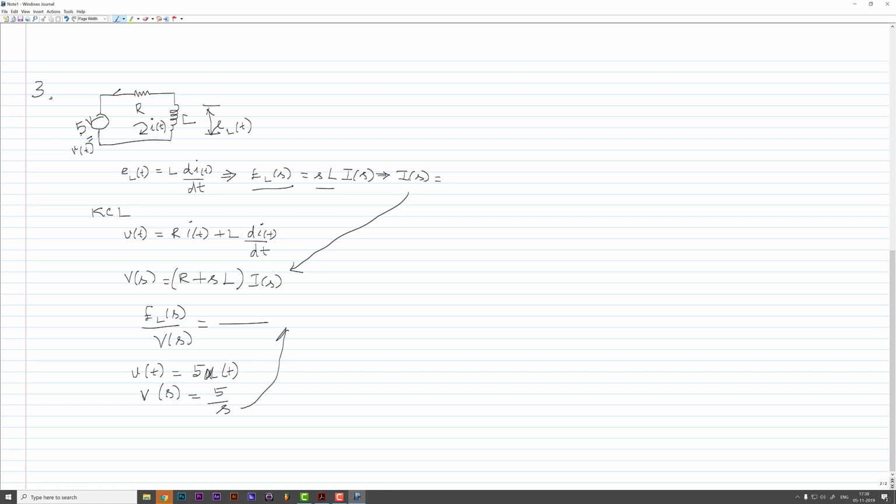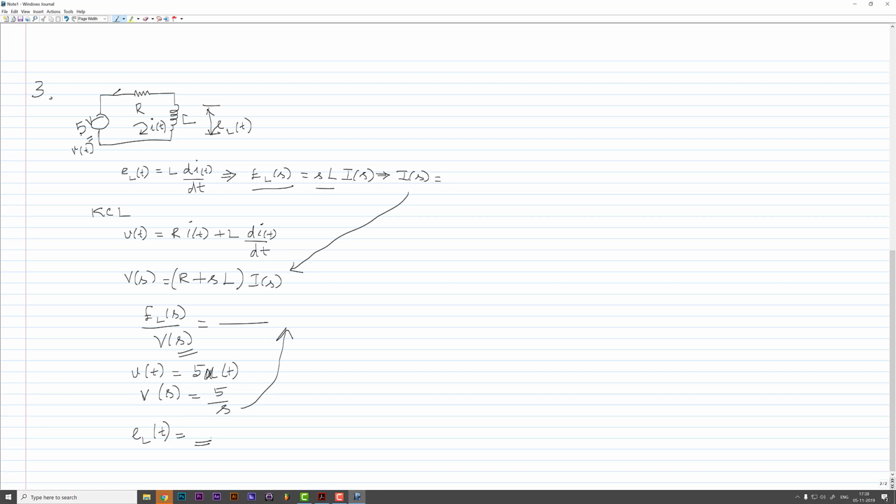Substitute here in V of s, then you will get EL of s, take inverse Laplace transform, and you will get EL of t as a time domain value.